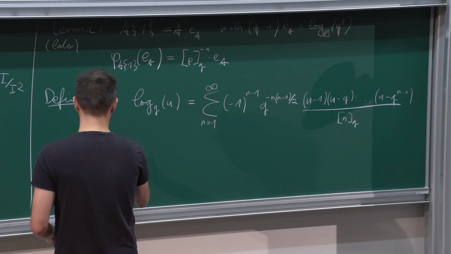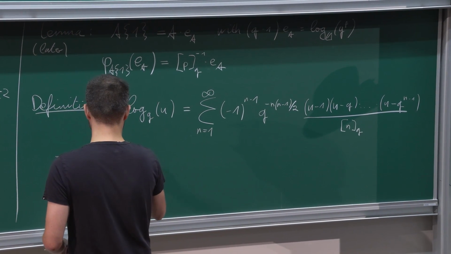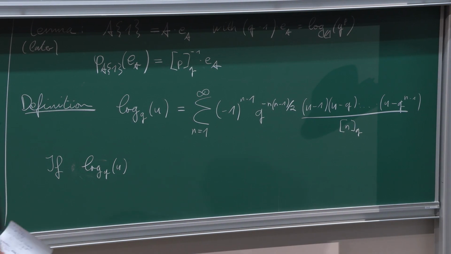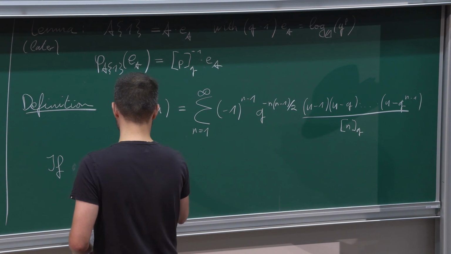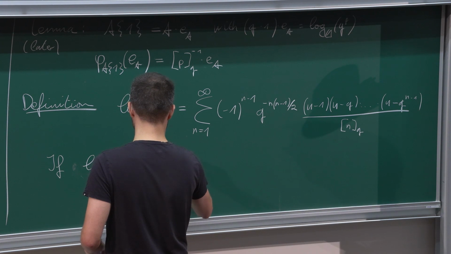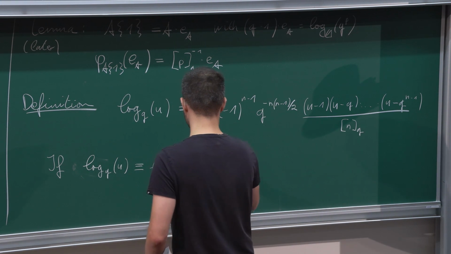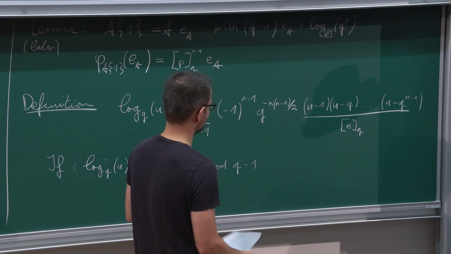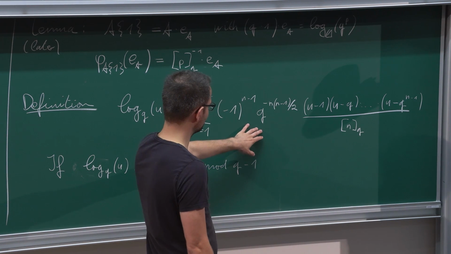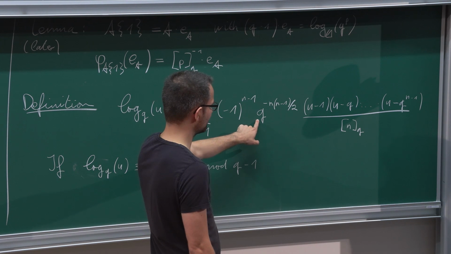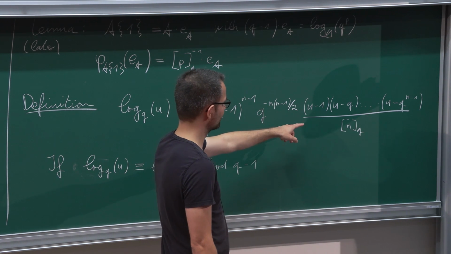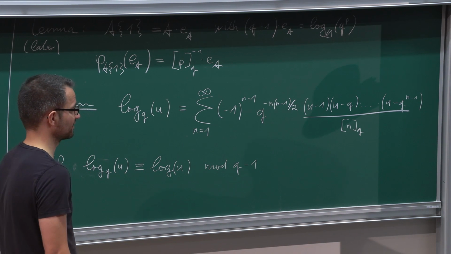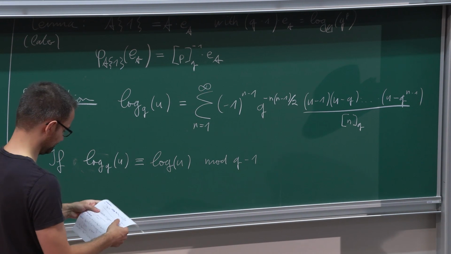Let me mention the following. This Q logarithm has its name because it's a deformation of the logarithm, and this means the following. It's congruent to the logarithm modulo the ideal Q minus 1. And so just staring at the series, if one sets Q equal to 1, then it follows directly that this gives the usual series defining the logarithm.